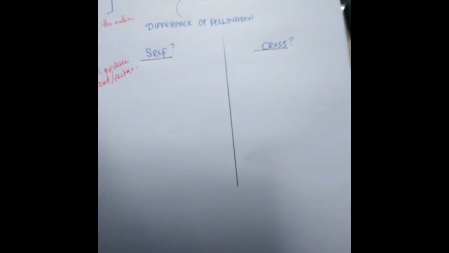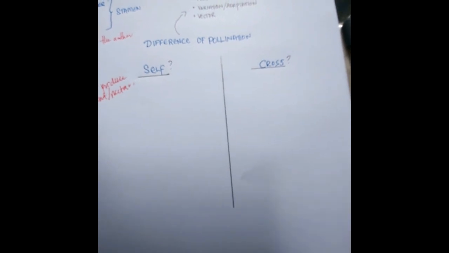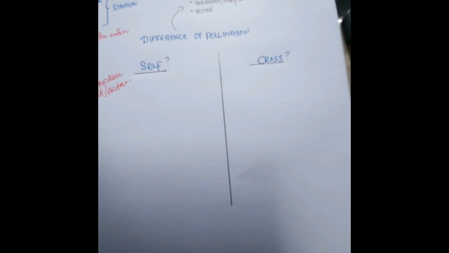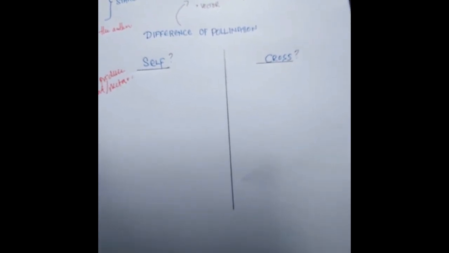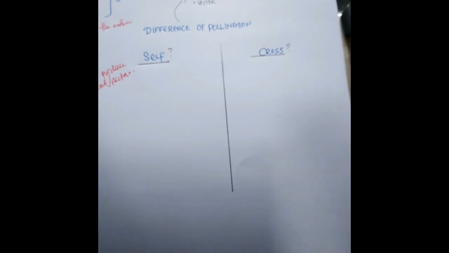According to the PDF notes which I've already given you, there are different criteria to determine which is self-pollination and which is cross-pollination. Please refer to your PDF, and this will be one of your questions that you will be attempting later on.